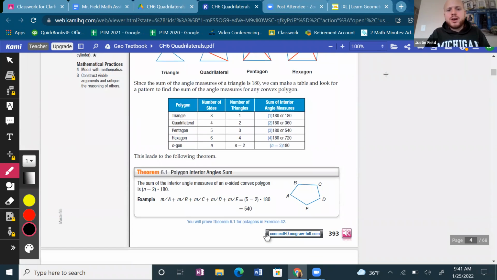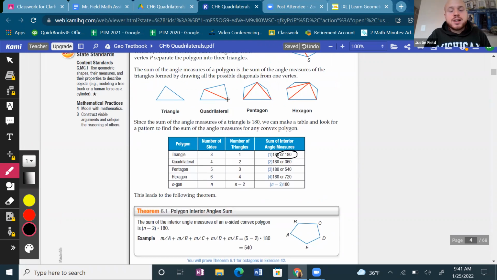And why do we care about that? Well, we can come up with a polygon interior angle sum theorem based on those diagonals. A triangle has no diagonals, and we know it's 180 degrees. A quadrilateral has, well, you might say 2 diagonals, right?